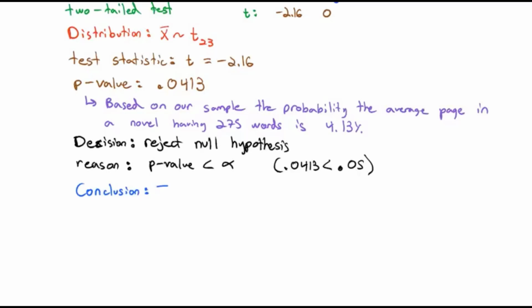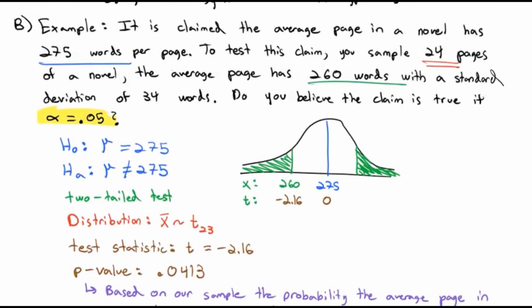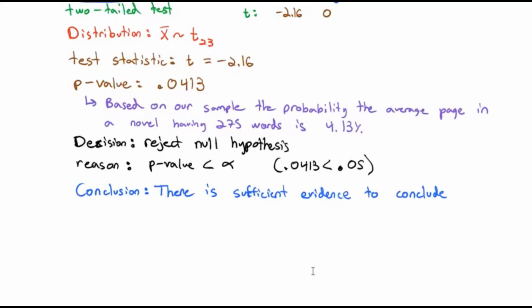Following our script, we say that there is sufficient evidence to conclude, and then we state the alternative hypothesis in context. The alternative hypothesis was just not equal to or different than.